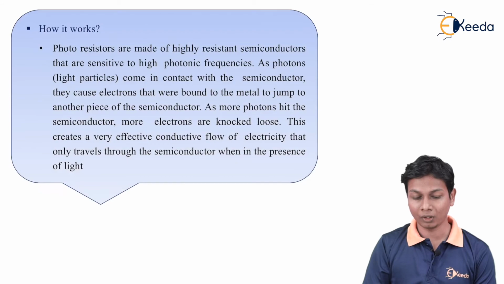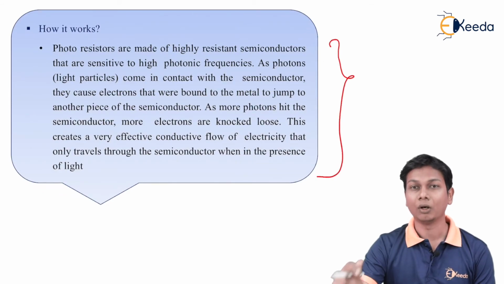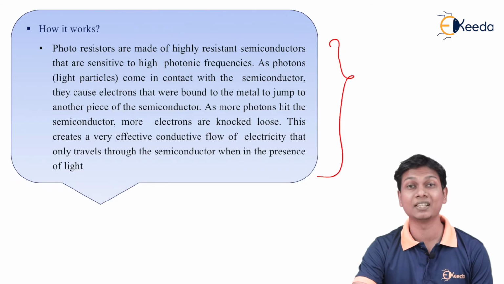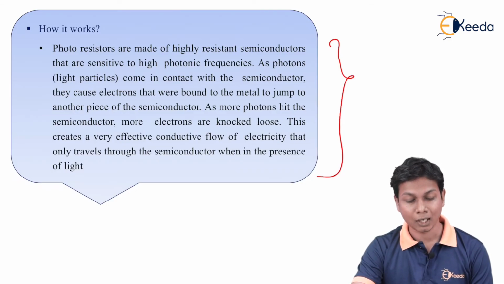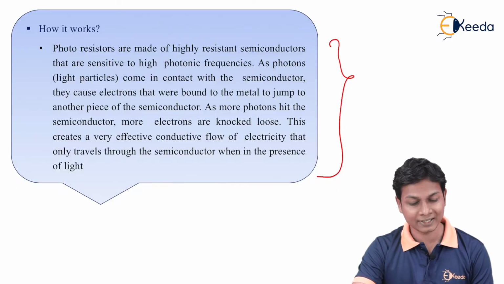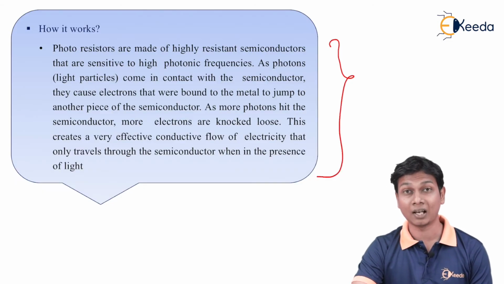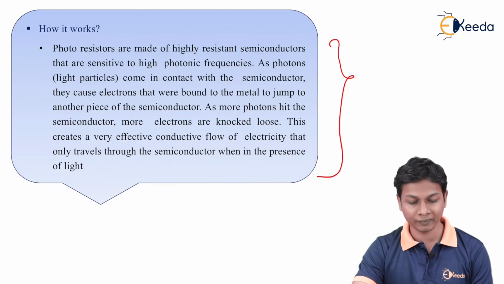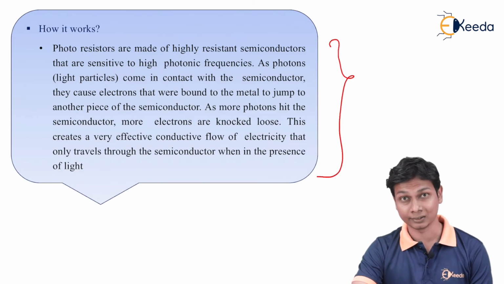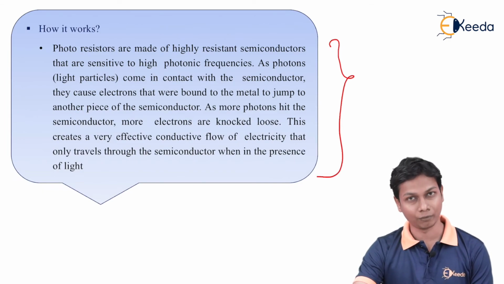This is called the principle of a photoresistor, or LDR. Highly resistive semiconductors are sensitive to a high photonic frequency. These are a special type of semiconductor which are sensitive to photonic frequencies, and these photonic frequencies are nothing but light particles, and light particles are photons.